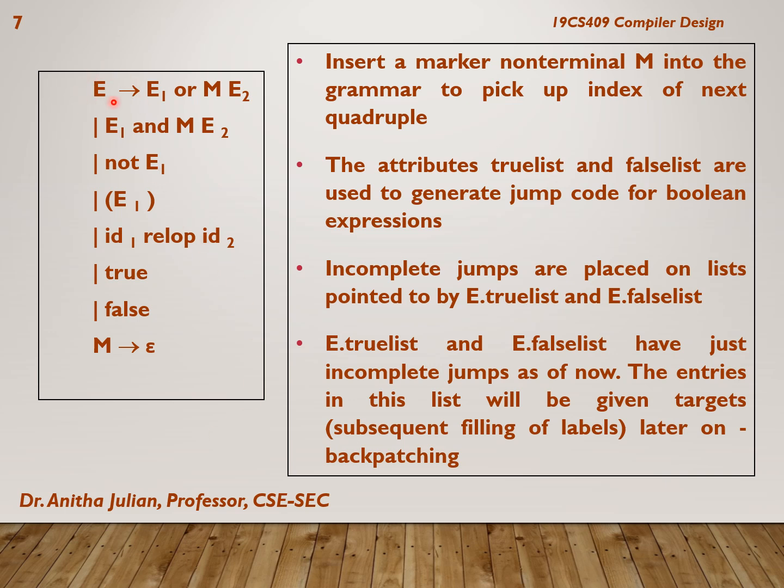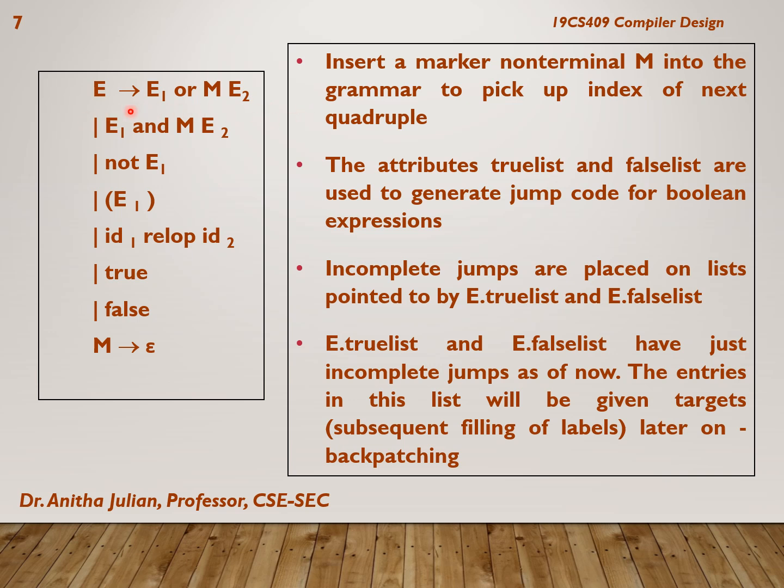As you can see here, we have E1 or E2. There is an M added here. Similarly for E1 and E2, we have added an M here. And M is defined to be a null production. So it doesn't make any change to the definition of the grammar or the production rule.